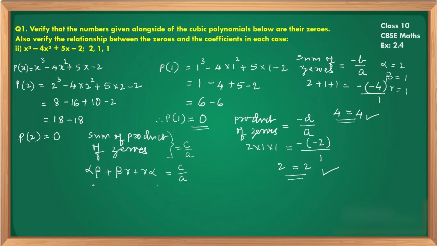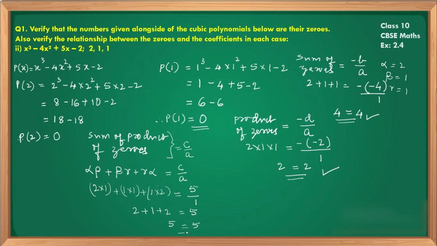Alpha beta is 2 into 1 and beta gamma is 1 into 1 plus gamma alpha is 1 into 2 is equal to c. C is nothing but plus 5, divided by a. A is coefficient of x cube, that is 1. Now 2 into 1 is 2 plus 1 into 1 is 1 plus 1 into 2 is 2, that is equal to 5. 2, 1 and 2 gives you 5, that is equal to 5.